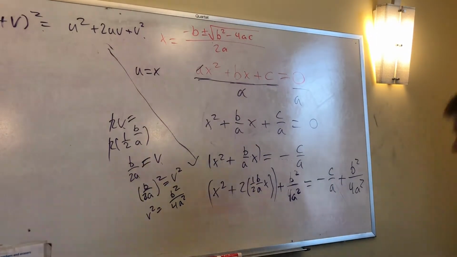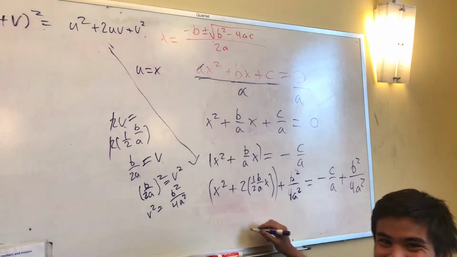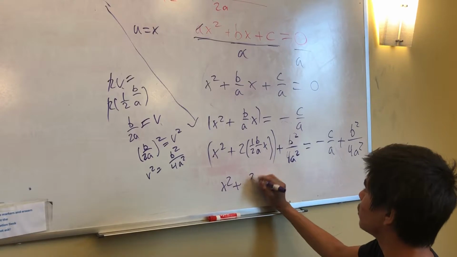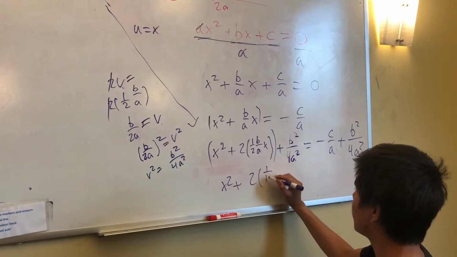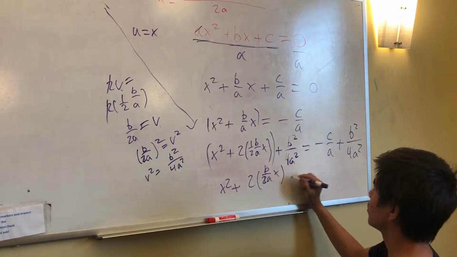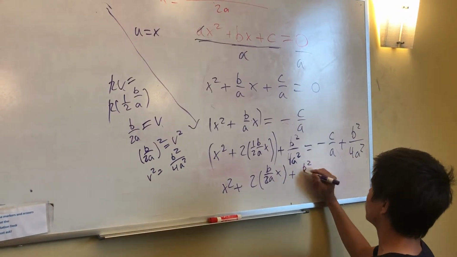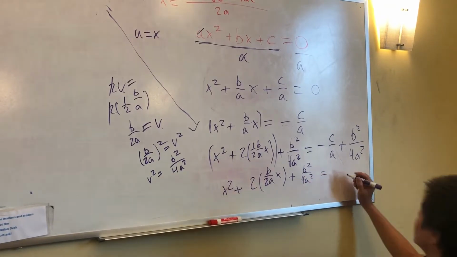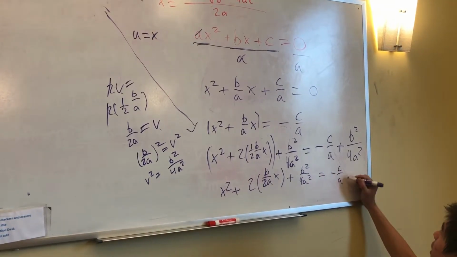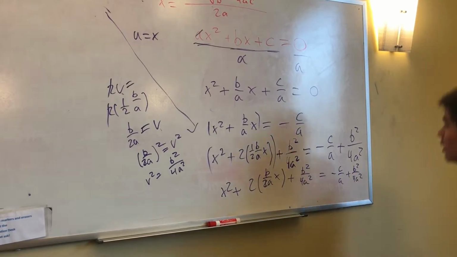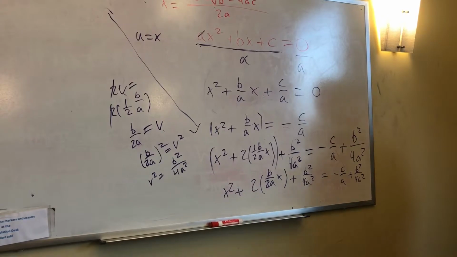Now, from here, we have x squared plus 2 times 1/2, or b over 2a, x plus b squared over 4a squared is equal to negative c over a plus b squared over 4a squared. Took a while to write out.